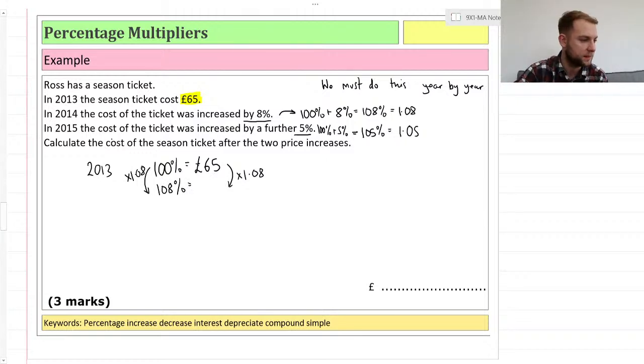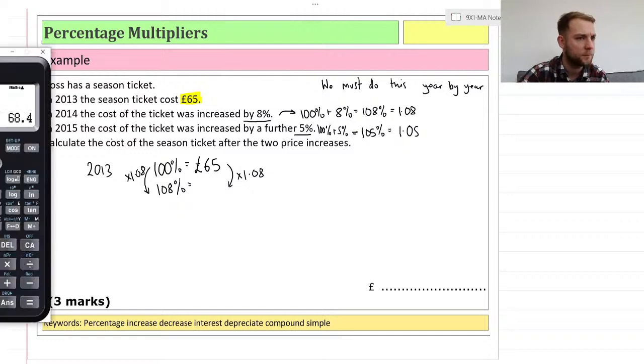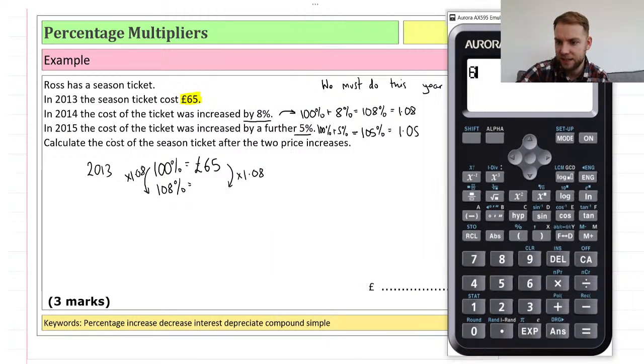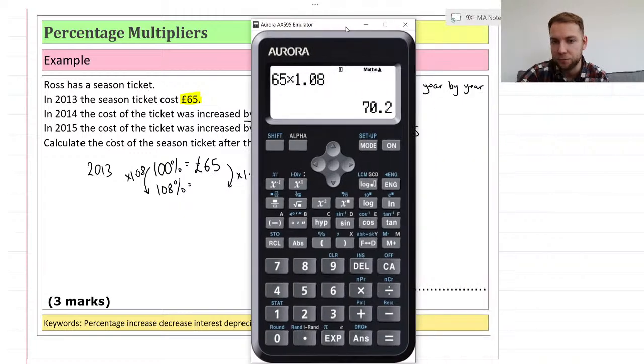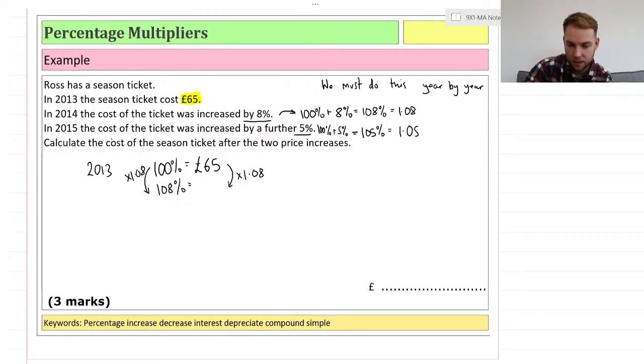So let's work out what that is. 65 times by 1.08 is equal to £72.20. Let's write that down here. £72.20. Now, that was the price then in 2014.